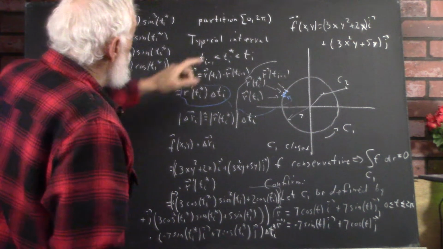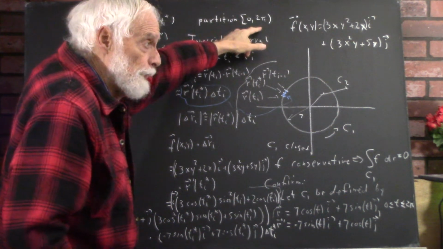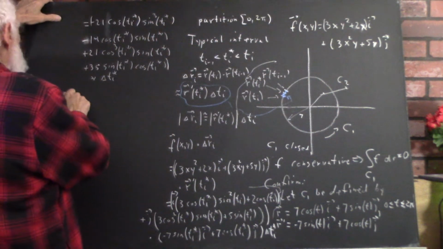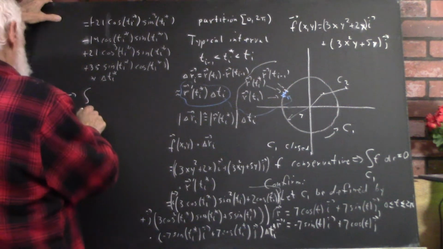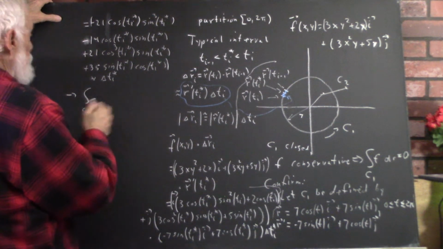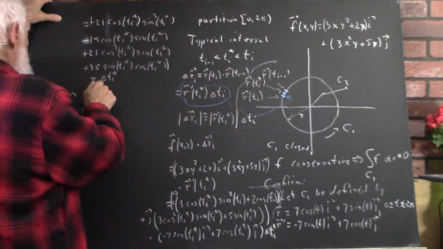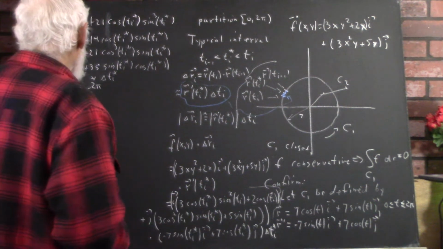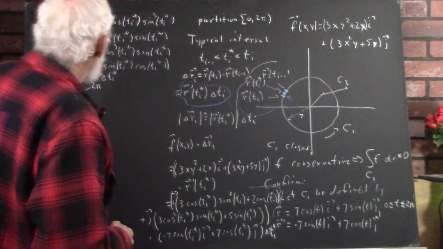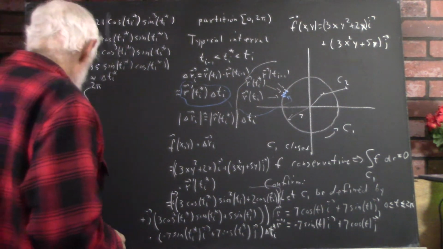Well, now our partition goes from 0 to 2 pi. So this is going to approach, again, when a miracle occurs that we should understand, but I don't want to belabor, because that's something you hopefully learned in first year calculus, how this approaches the limit.